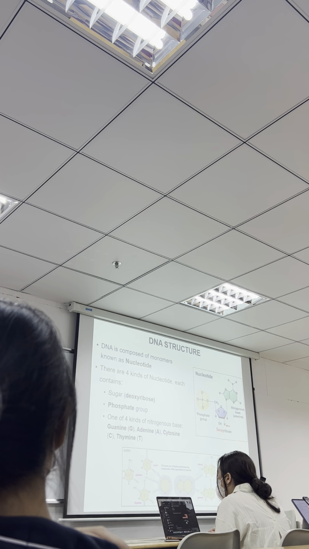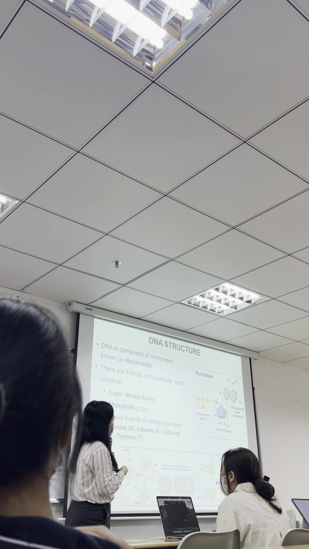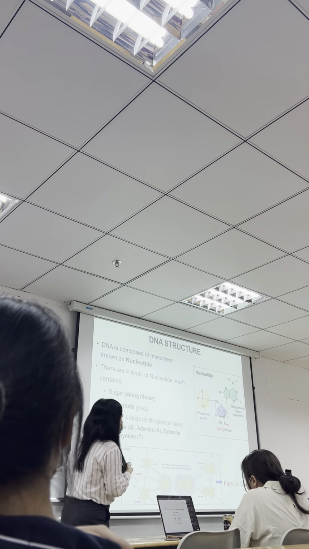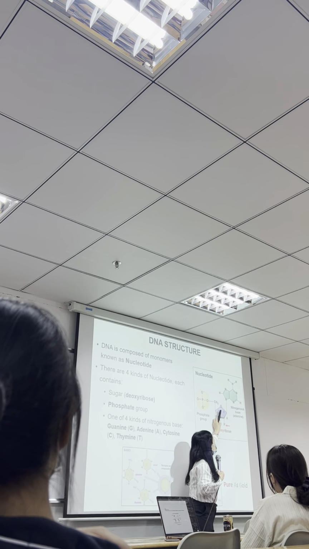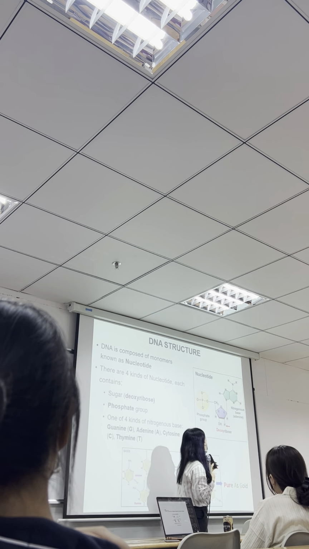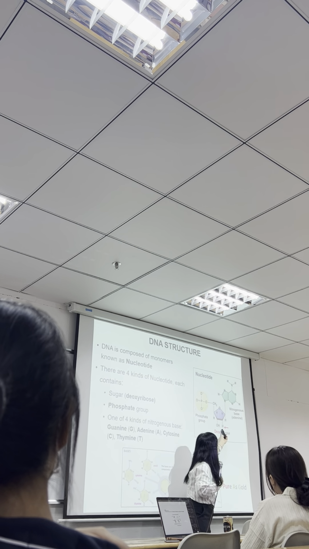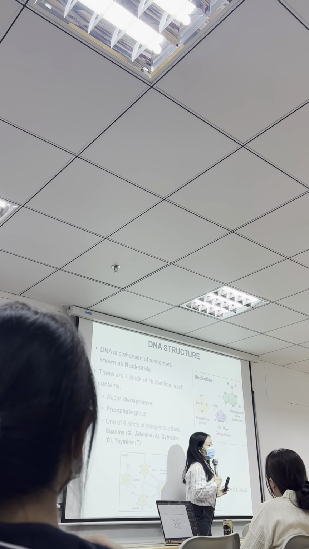Okay. So DNA, the structure of nucleotide, including a sugar, a pentose, means a 5-carbon sugar, which we call deoxyribose. Why deoxy? Because it loses oxygen at the second carbon.